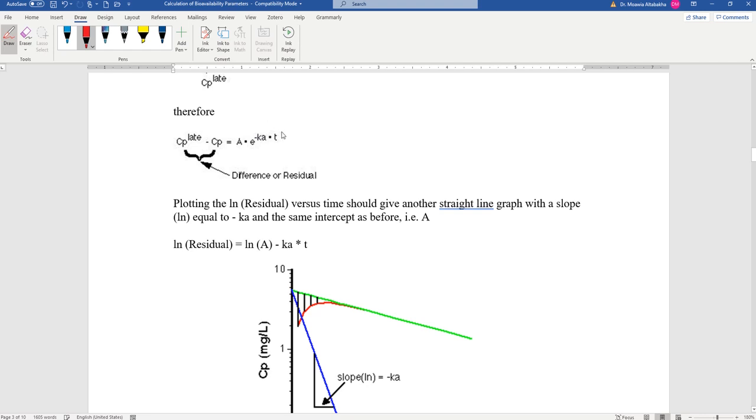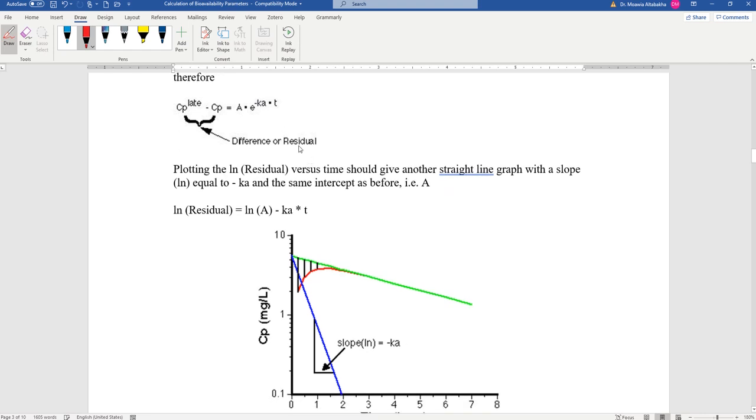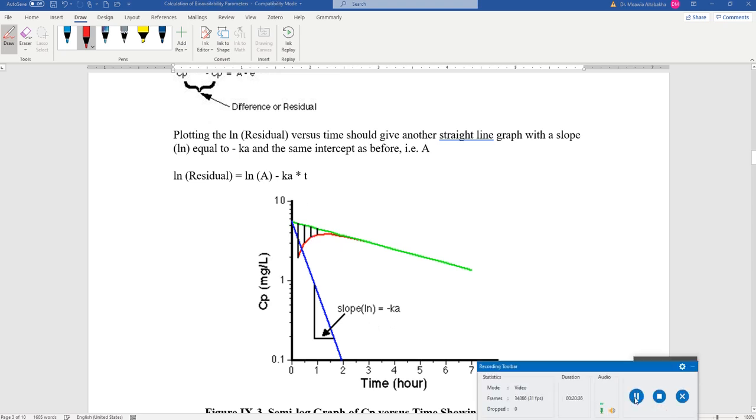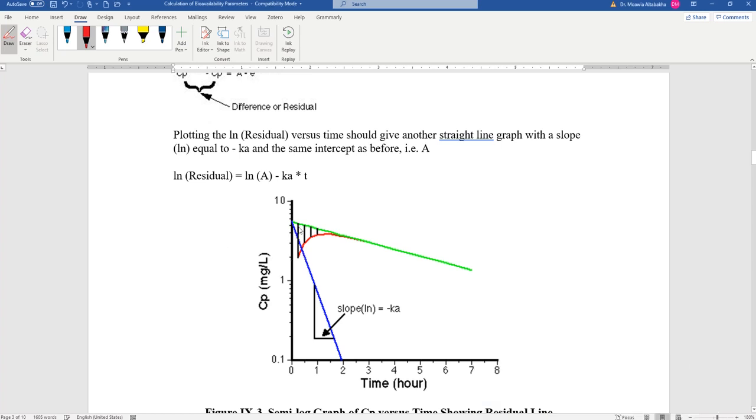Okay, so now we want to look at the difference here. So if we look at this equation, ln, شوفوا هون شو مكتوب, what is written here: residual. Residual means what? Residual means CP late minus CP.